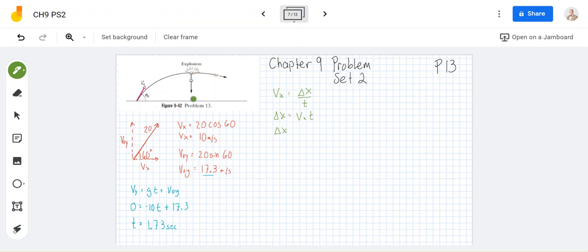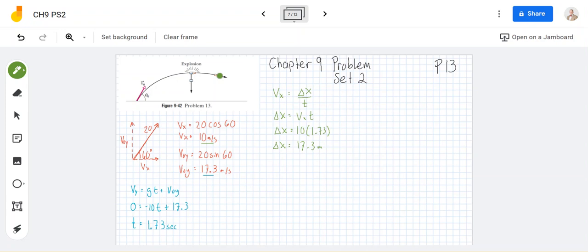So this is this delta x right here. Delta x is, or Vx is 10, time is 1.73 seconds. So it went 17.3 meters when it gets there.